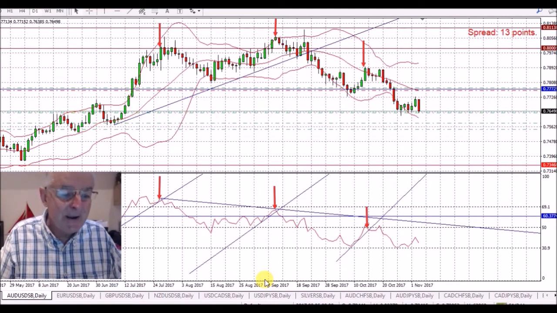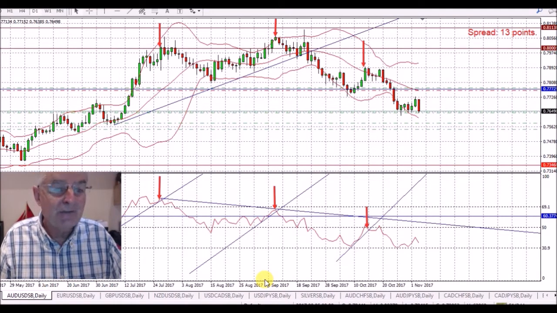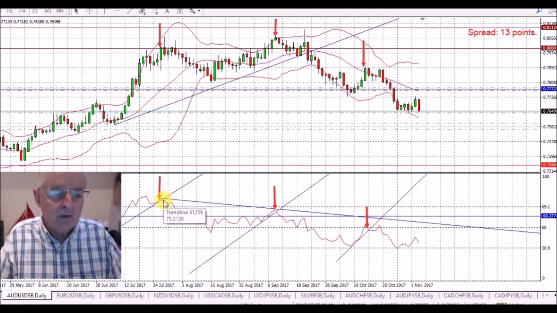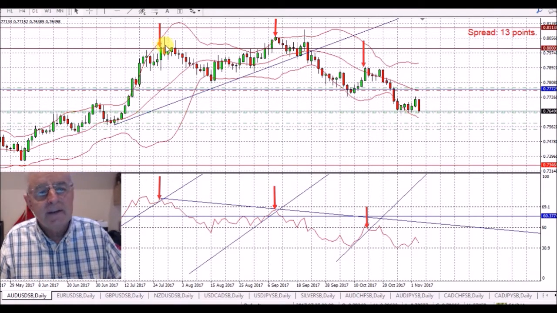Okay, so this is the Australian dollar US dollar chart for the same period, and we were looking for the Australian dollar to short against the US dollar. From the RSI chart we put a trend line up, and when we got a break, we went short, and we got this nice move down here.